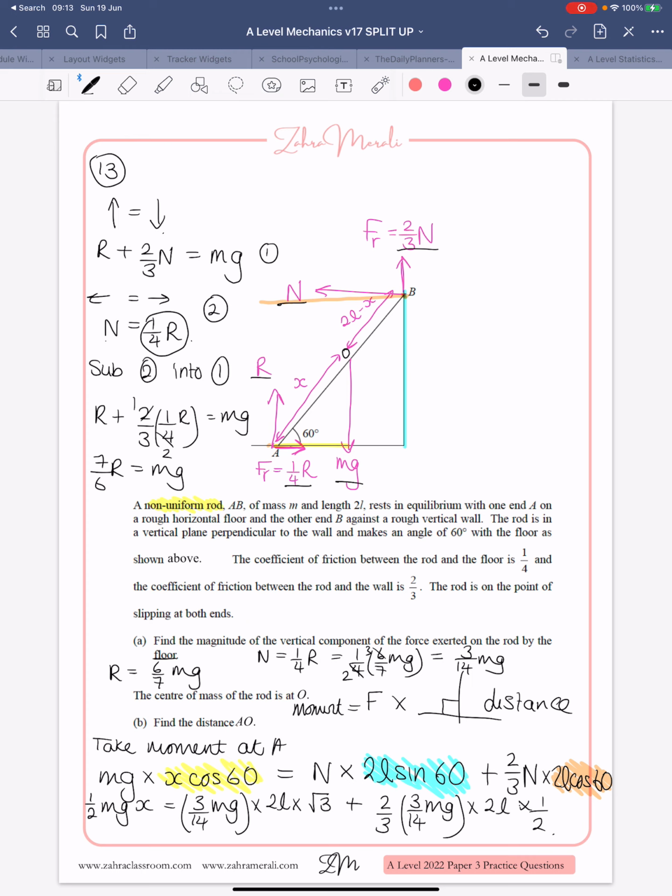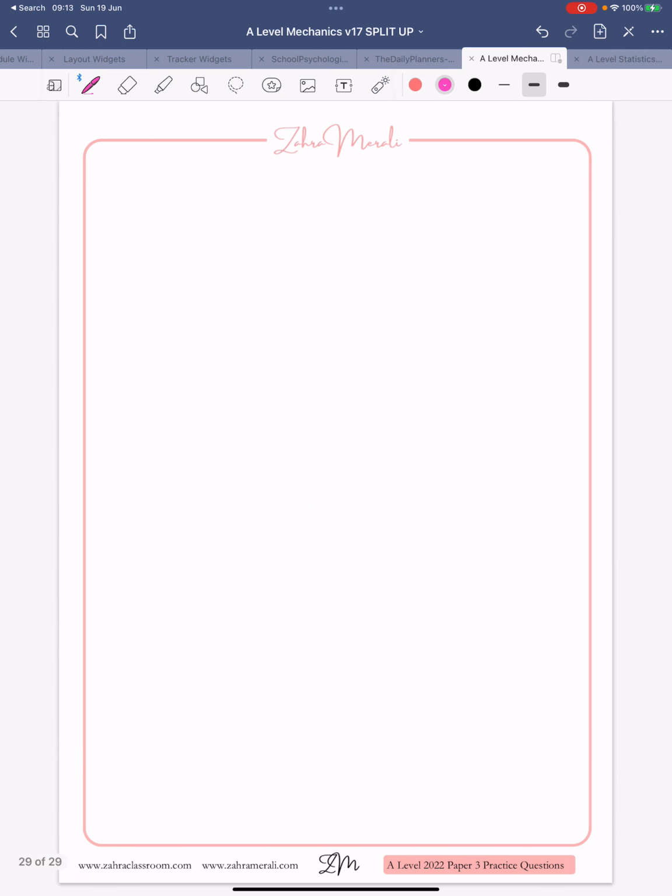Right, now if you notice there's mg's in everything, we can cancel them all out. And is there anything else that's in everything? Nope. You don't even have a 1/2. Okay, perfect. So now if I've then simplified that, that's going to give me 1/2 x, which equals 3√3/14 L plus 1/7 L, just putting that in my calculator.